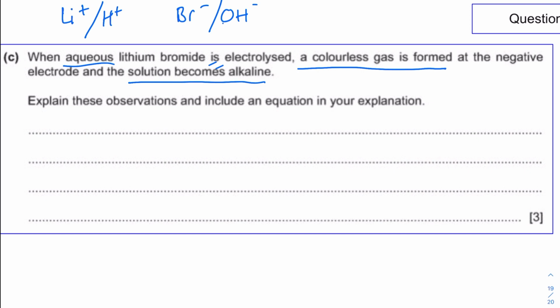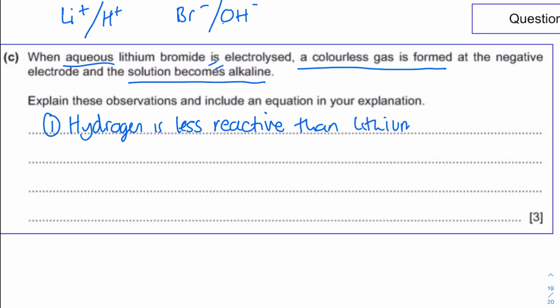Which is the least reactive? Hydrogen is the least reactive. So observation 1: hydrogen is less reactive than lithium, so H2 is formed at the cathode.